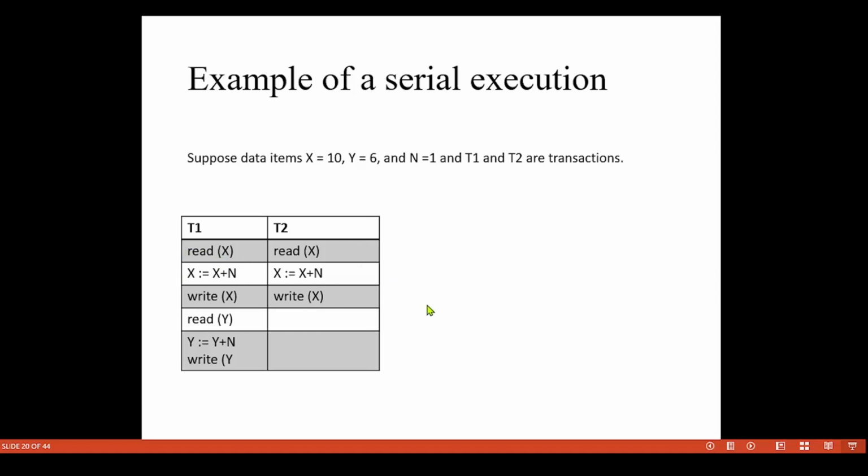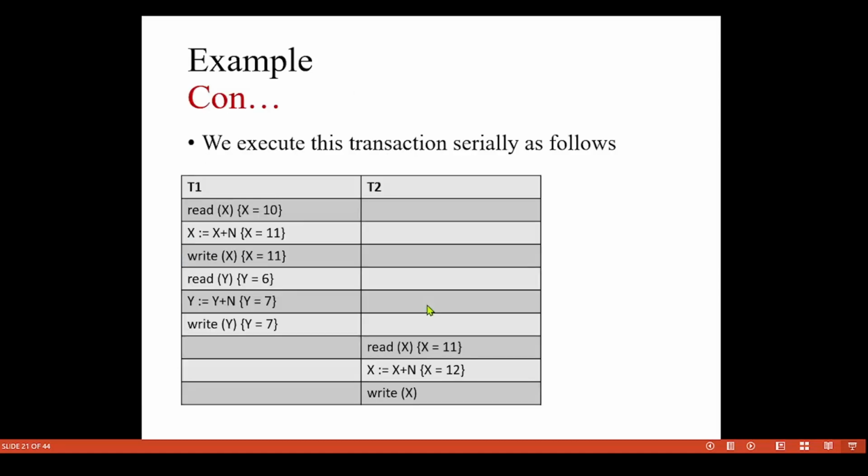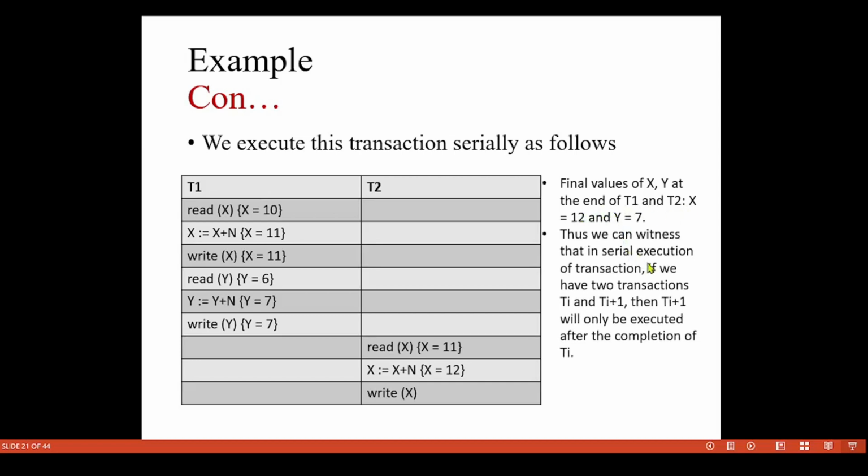When you execute these two transactions serially, transaction 1 is executed first, and transaction 2 is executed at the end of transaction 1's execution. This results in the final values of x and y. At the end of T1 and T2, x equals 12 and y equals 7.